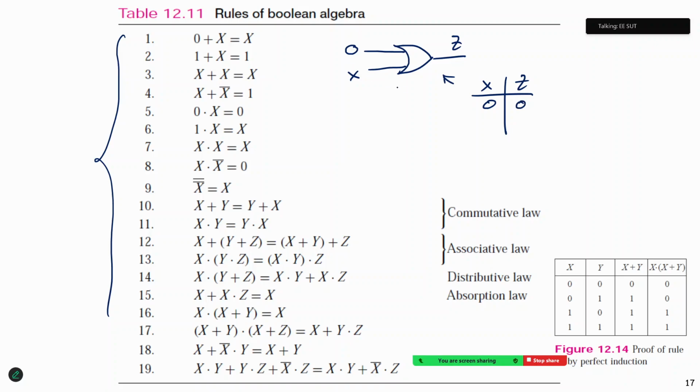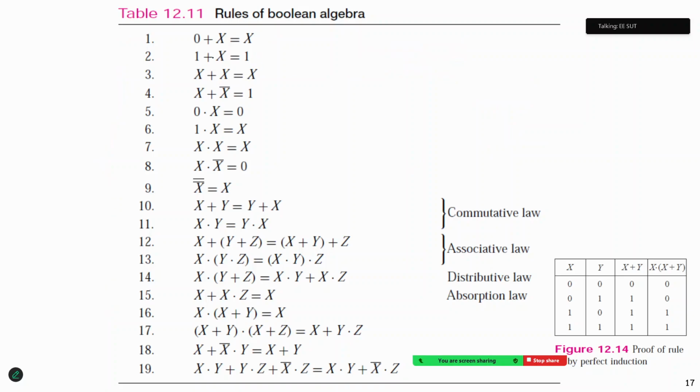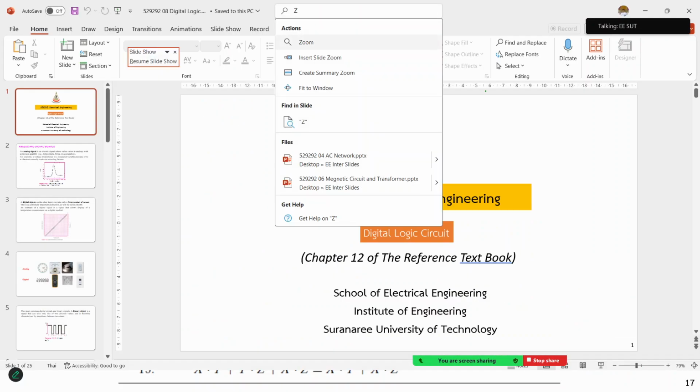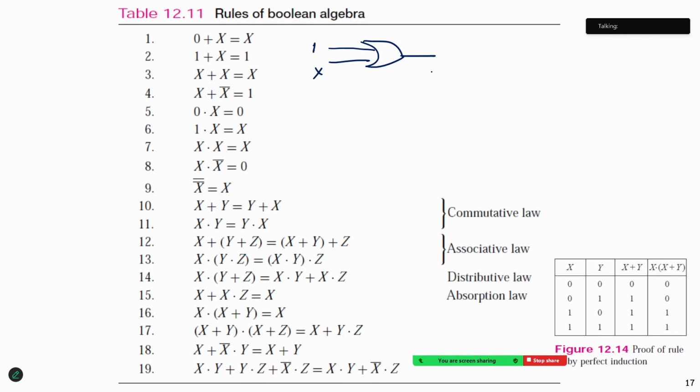X or 0, 0 or 0 is 0. If x is 1, the output is 1. So in this case, 0 or x will always be x. And 1 or x will always be 1, like this. If we have one pin that is exactly 1 all the time.